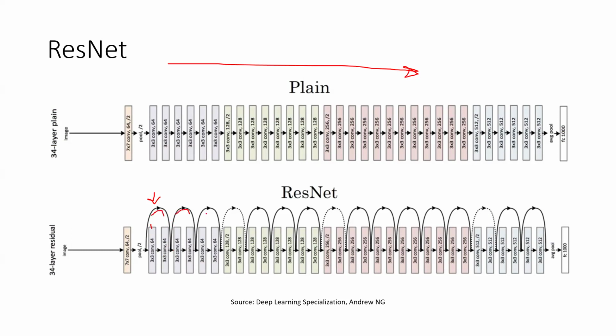Similarly, we can add bypass shortcuts for each two of the layers, right? So this is how we implement this ResNet for a very deep convolutional neural network.